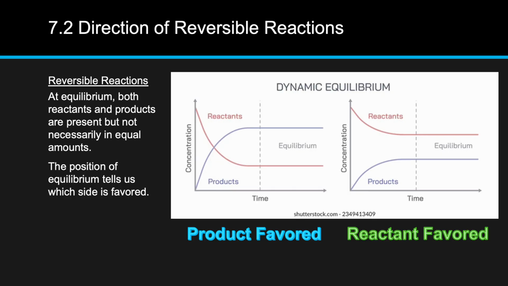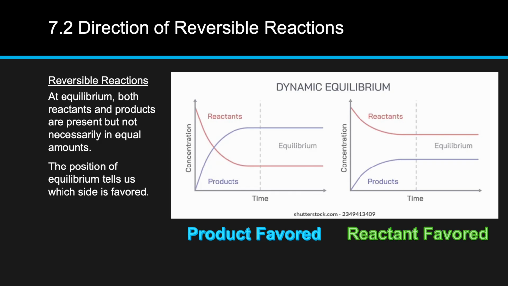So the relative amount of each is going to help us determine the position of equilibrium and tell us which side is favored. So when an equilibrium mixture contains more products than reactants, then the reaction is going to be described as product favored. If the mixture contains more reactants than products, then it will be reactant favored.